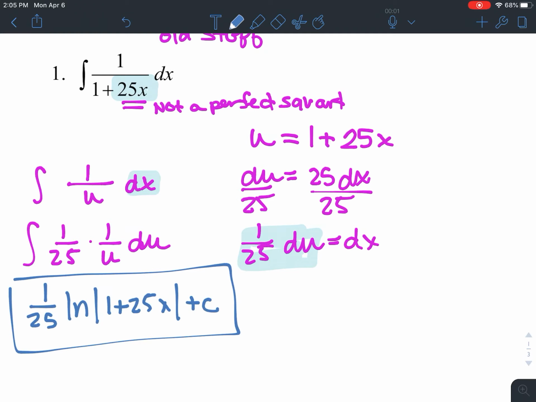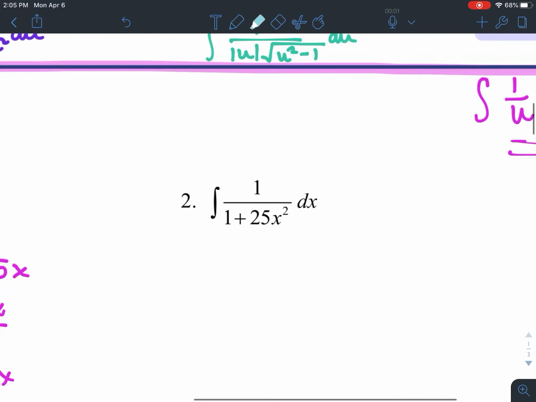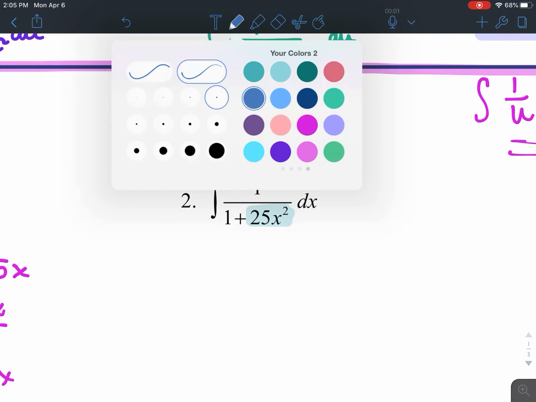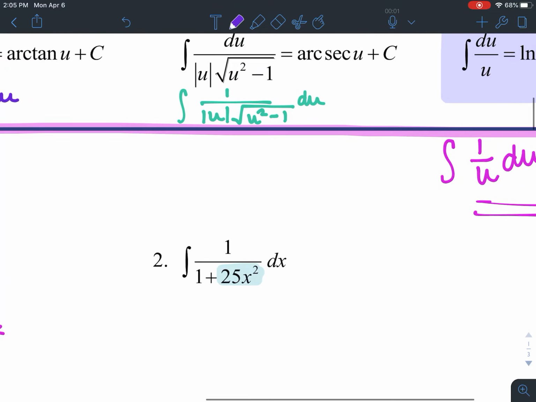There you go. Done. Now, number 2 looks very similar. However, this time it is 25x squared. So this is when it changes. So we're going to write out our steps. Step 1. Okay, we need to set something equal to u squared.